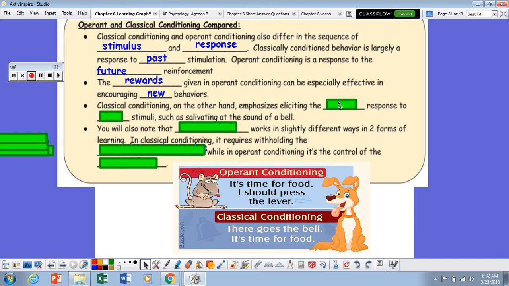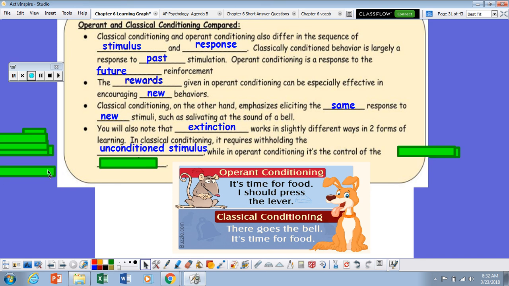Classical conditioning, on the other hand, emphasizes eliciting the same response to a new stimulus, such as the salivating to the bell in Pavlov's experiments. You might also note that operant and classical conditioning differ slightly in the two forms of learning. In classical conditioning, it requires withholding the unconditioned stimulus, whereas in operant conditioning, it is the control of the responder, and how you're going to respond to the rewards or the punishment.